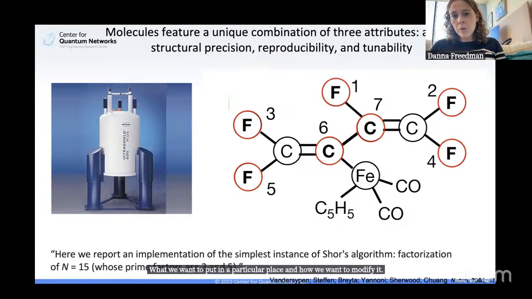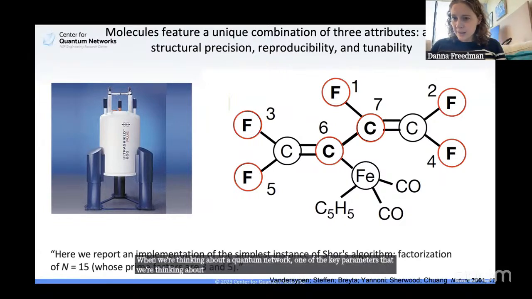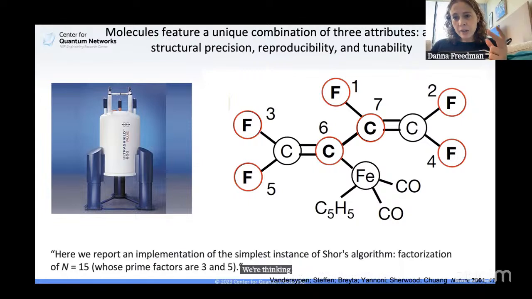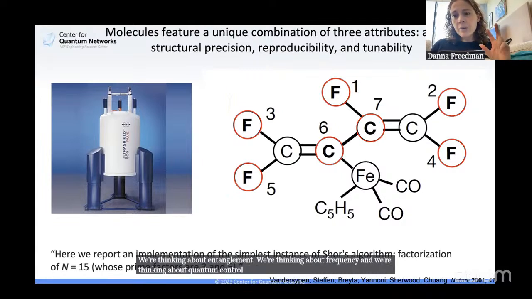When we're thinking about a quantum network, one of the key parameters that we're thinking about is emission and integration with optical cables. We're thinking about entanglement. We're thinking about frequency, and we're thinking about quantum control. And so in each of these areas, we can think about what type of a system we want and how we can build it from the ground up.